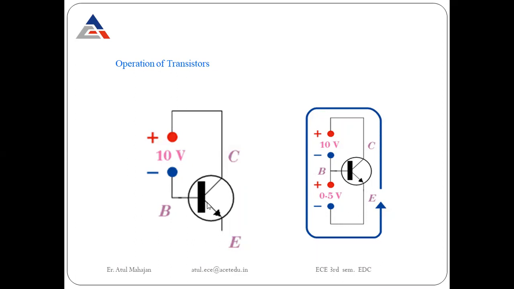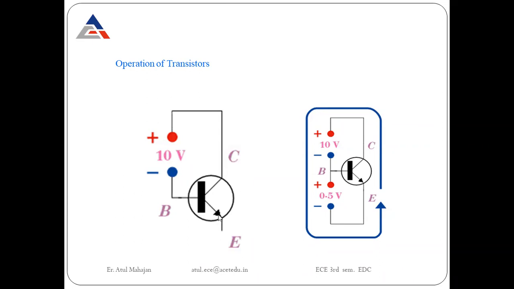The emitter current flows from the emitter towards the base and from the base towards the collector. This arrowhead is always the conventional flow of current. It is not associated with the actual flow of current, because as you can see in this diagram, the emitter current is shown outward.